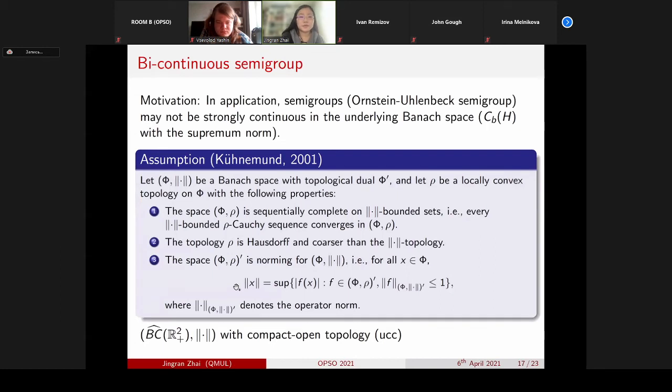For our application, we work with the space of bounded continuous functions on R2 plus with a continuous extension to the boundary, equipped with the supremum norm, and with a coarser topology, which we choose to be the compact open topology, represented with some UCC.